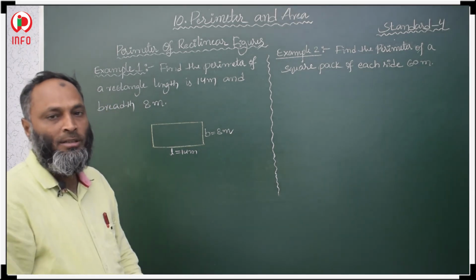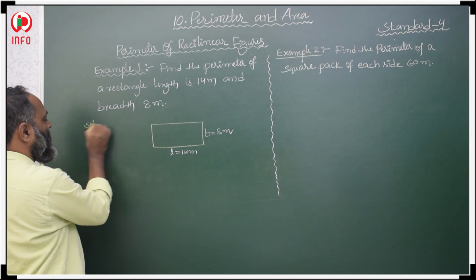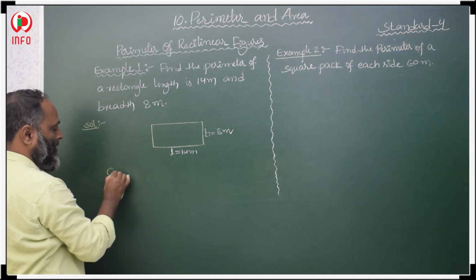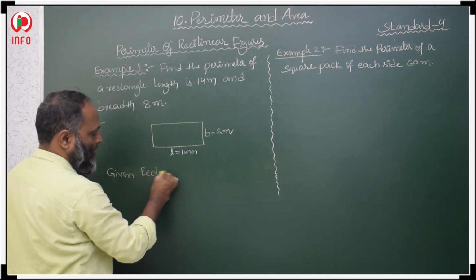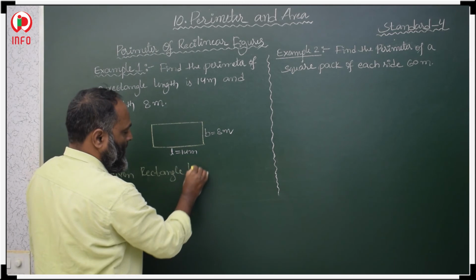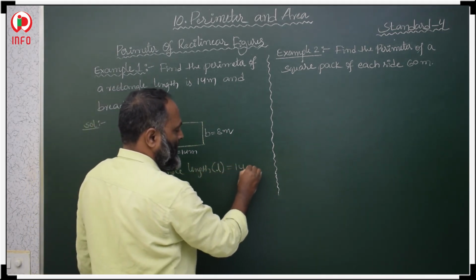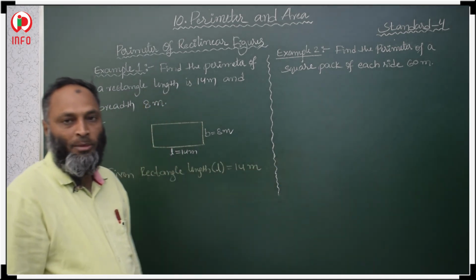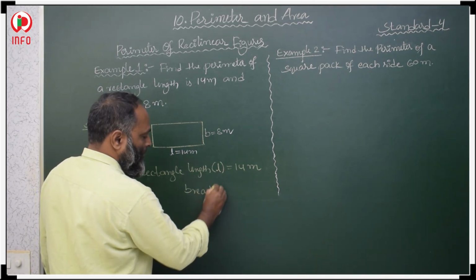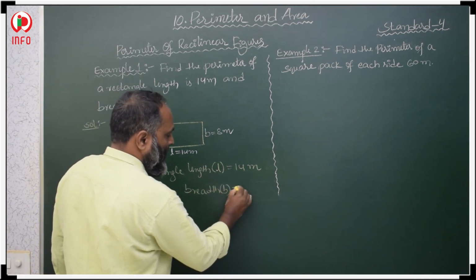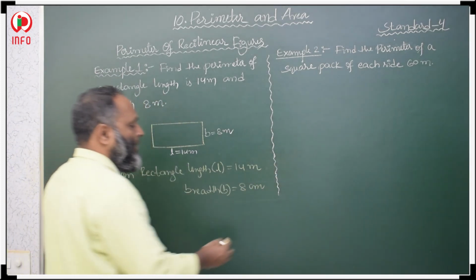M means meters. Now we should find the perimeter.